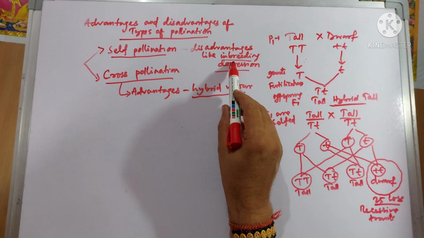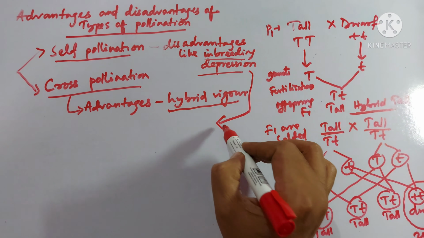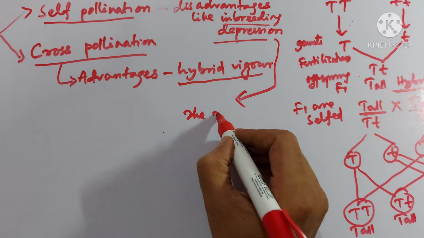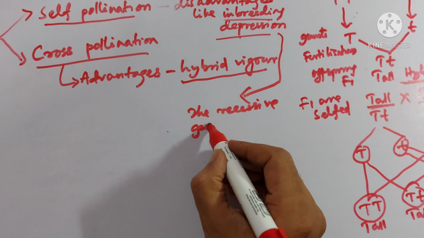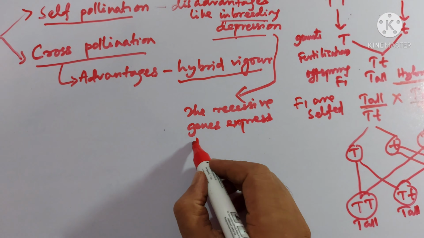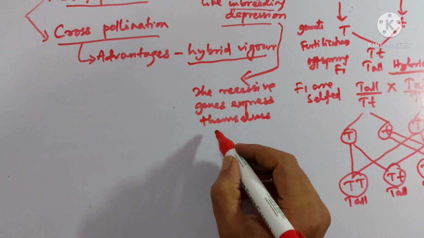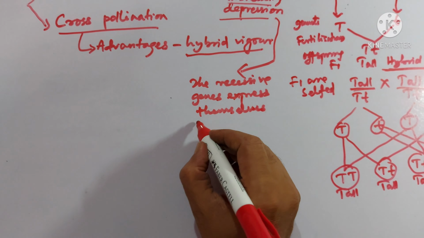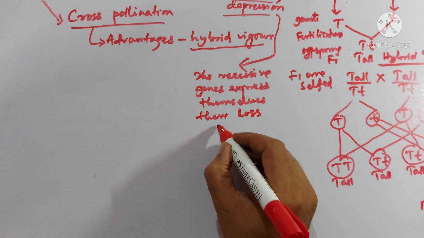So again and again when there is inbreeding, the recessive genes express themselves and there is loss of vigor.